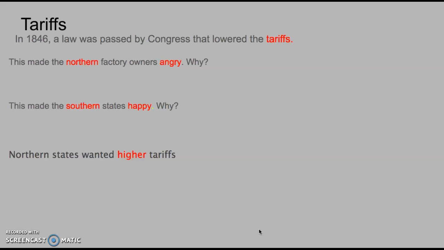Well, now all of a sudden, tariffs or taxes on goods coming into our country from foreign countries is causing the prices of imported goods to go higher. And South Carolina absolutely refuses to go along with these tariffs.